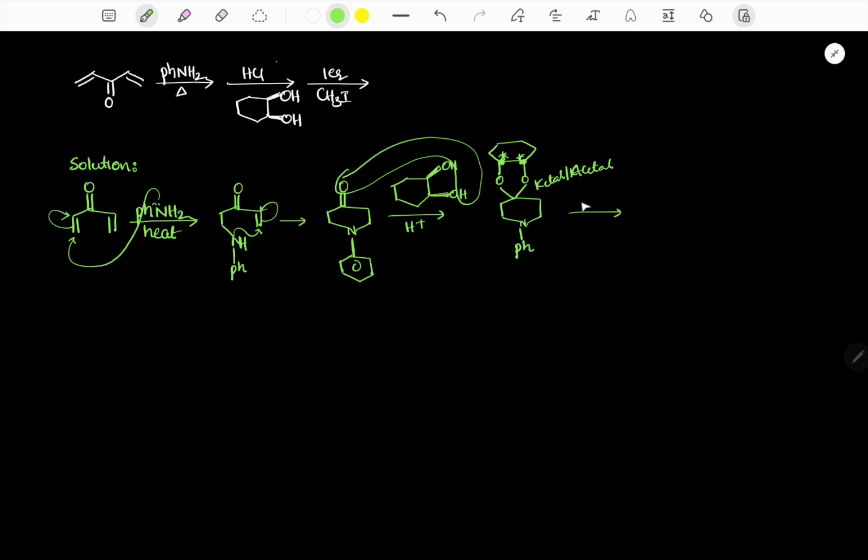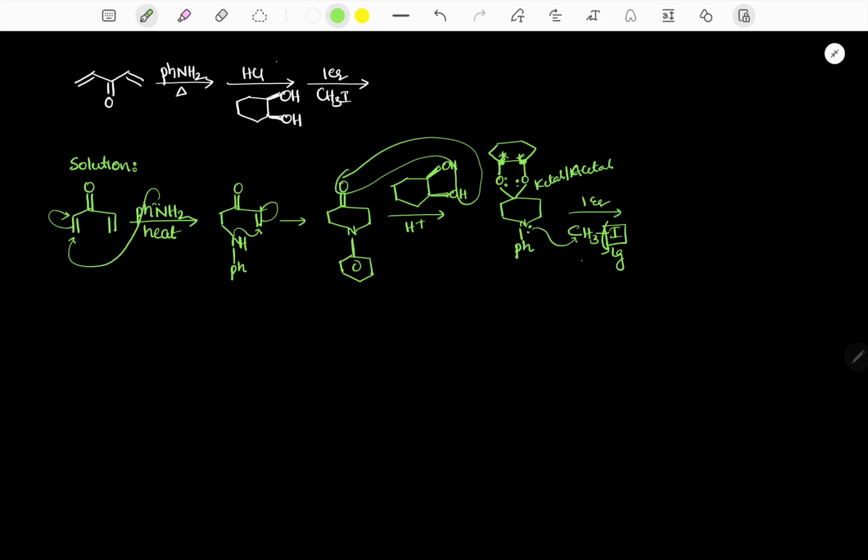Now it is treated with 1 equivalent methyl iodide. So here iodine is a leaving group. Therefore nitrogen lone pair, oxygen lone pair. So if you compare the lone pairs, nitrogen lone pair is a stronger nucleophile.